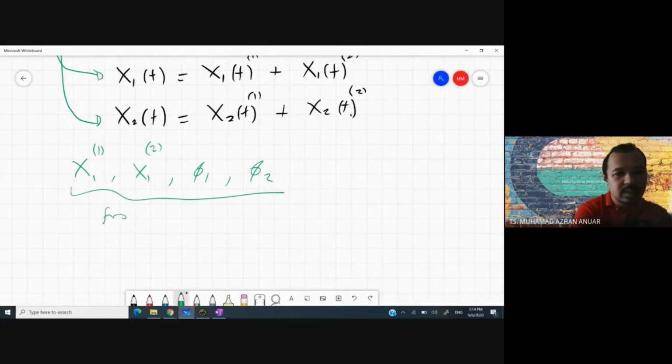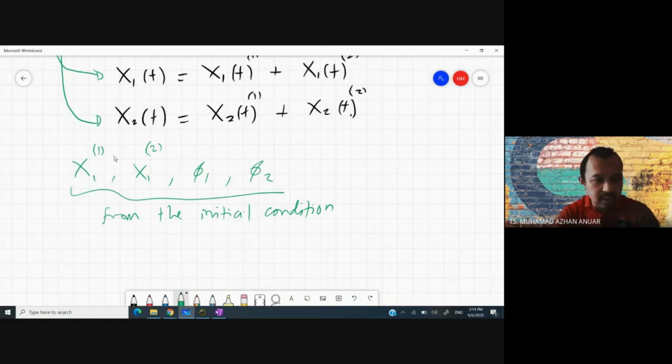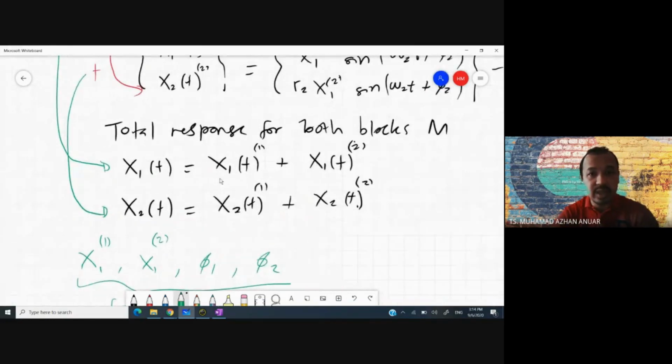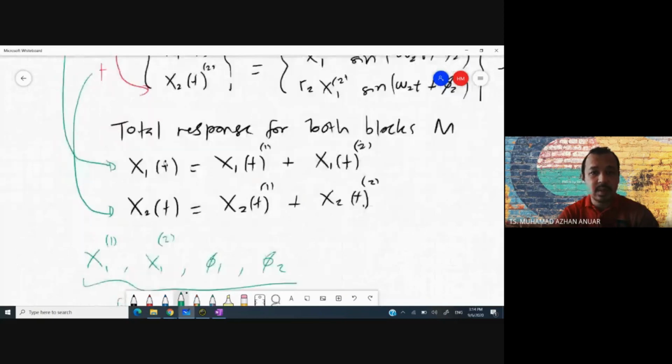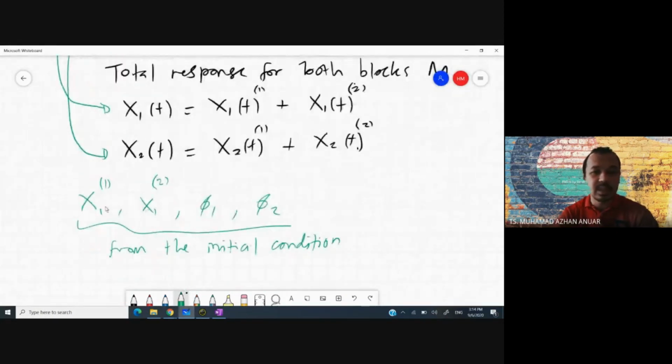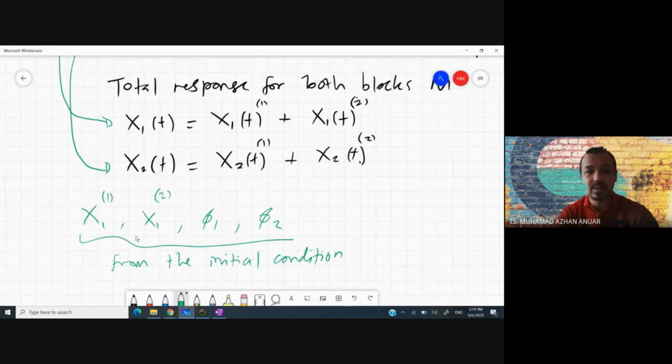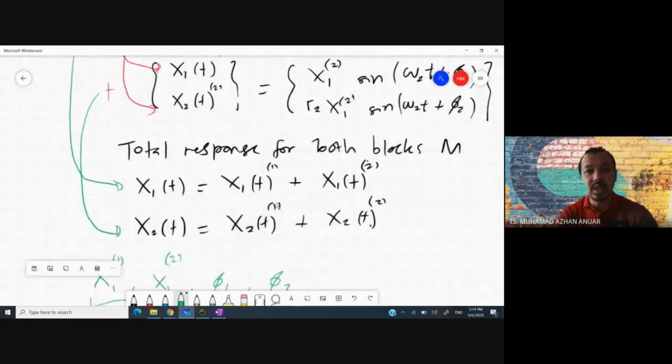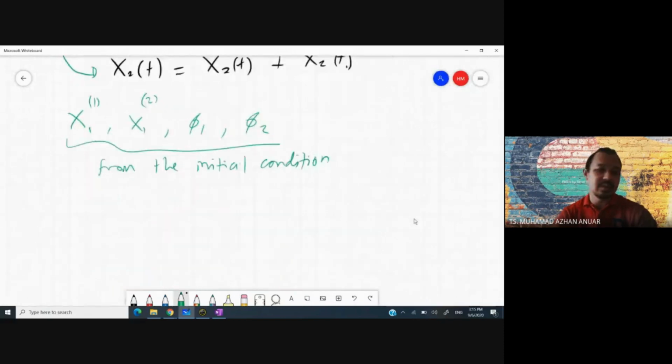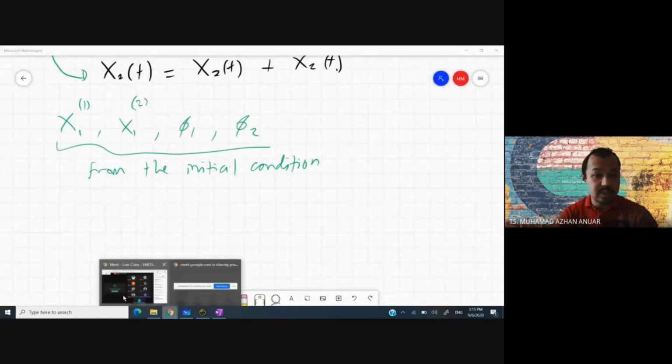It's from the initial conditions. So you have 4 unknowns, you have 4 equations later on. Okay, you have 4 equations, so you can solve them simultaneously to get x11, x12, x21, x22, p1 and p2. When you substitute into the equation, you get the response of the system. Okay, so hopefully that answers your question.